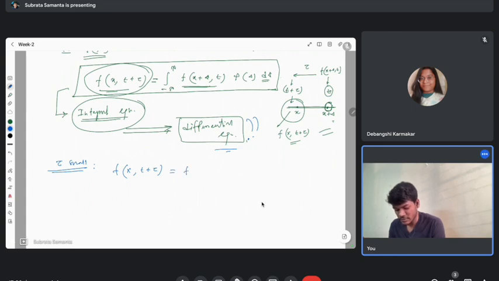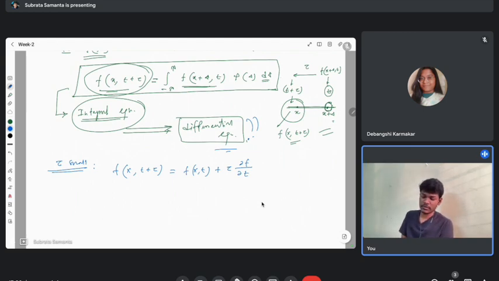So in this case we are considering only t plus tau, and x we are taking as a constant, because we are only focusing on t.